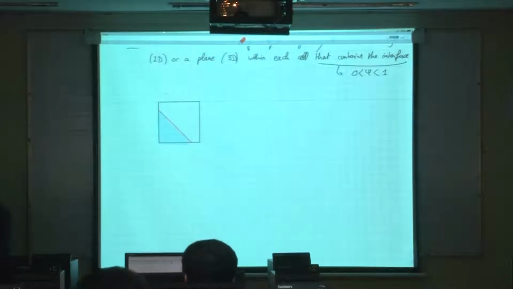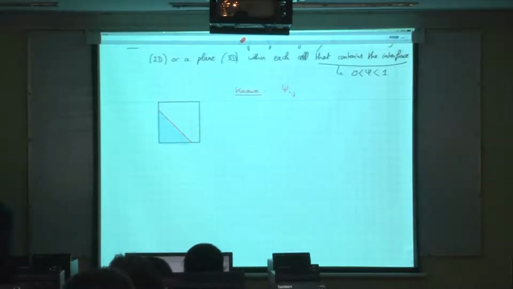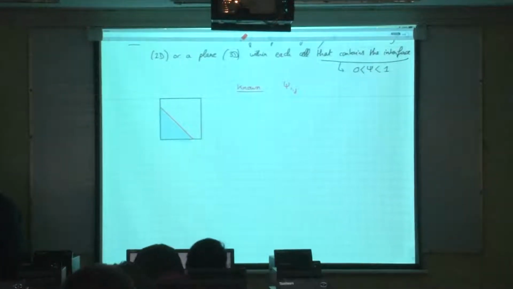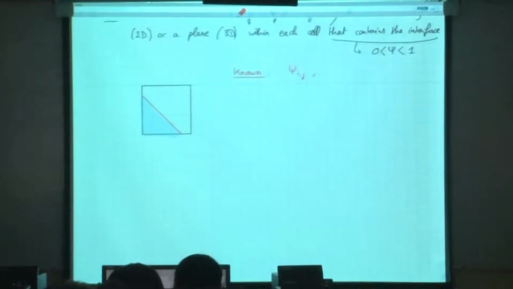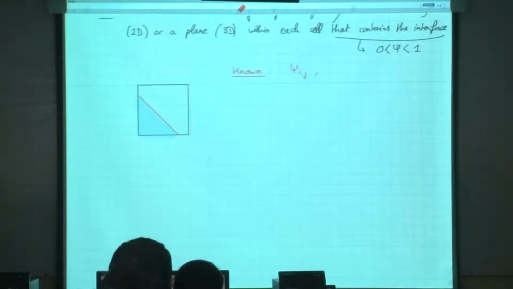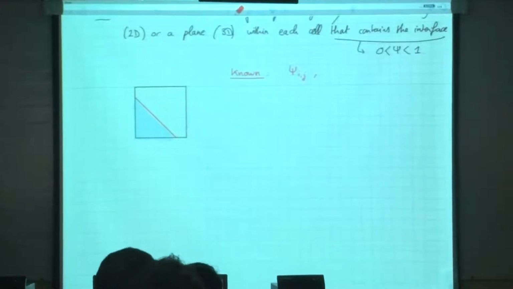If we have a situation like that, first of all, we'll give ourselves some known information. We will assume that we know locally the psi ij of the cell. And then we will also give ourselves the orientation. I'm obviously cheating for now. We don't know the orientation. We'll have to get it from somewhere very soon.